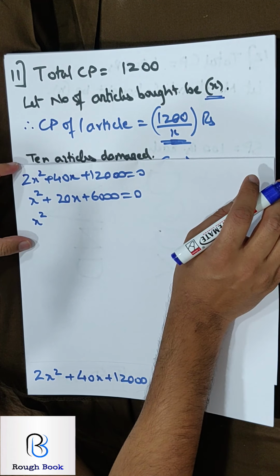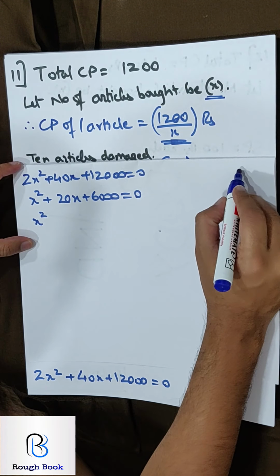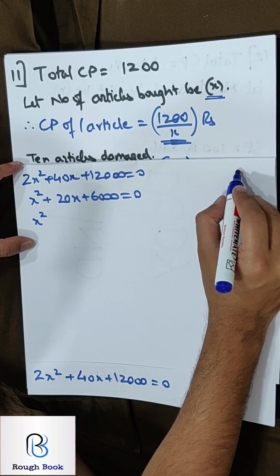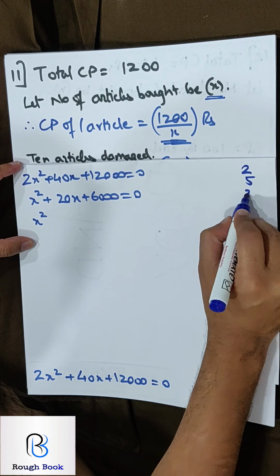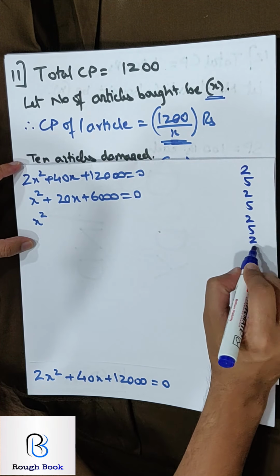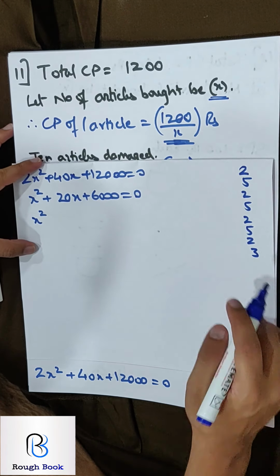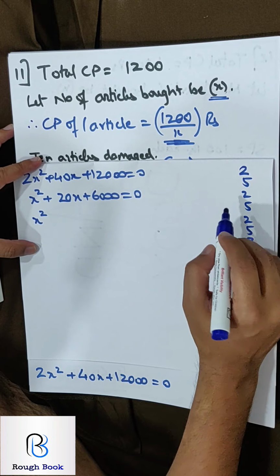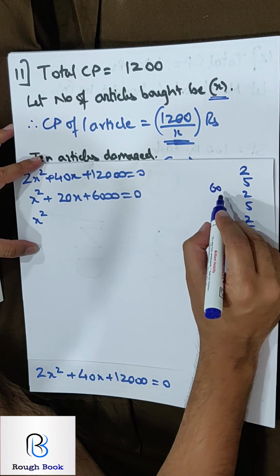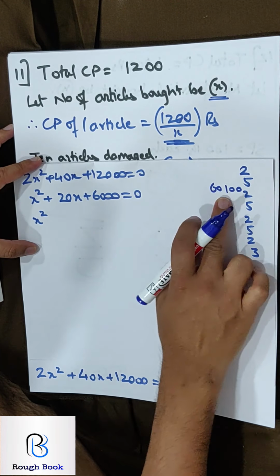Is it 160? No, it can't be 160. So let's take the factors 2, 5, 2, 5, 2, 5, 2, 3. These are your factors for this. So what should I divide this as? See, one option was 100 and 60, so that difference is 40.